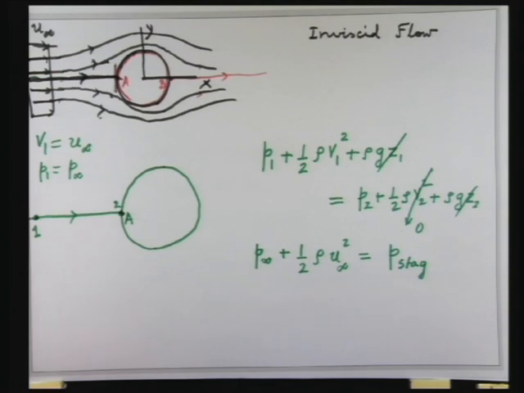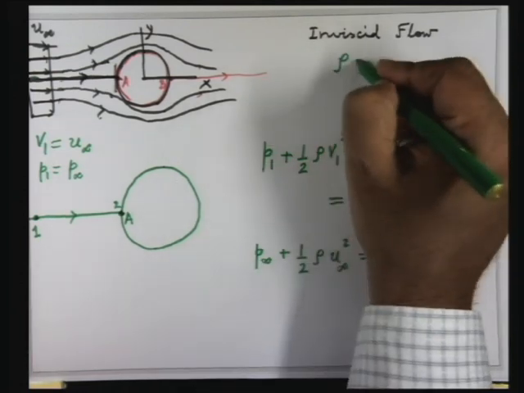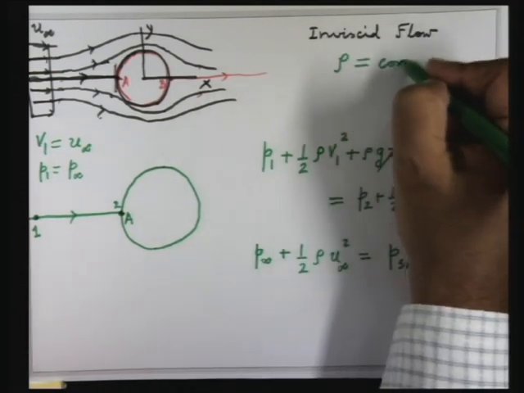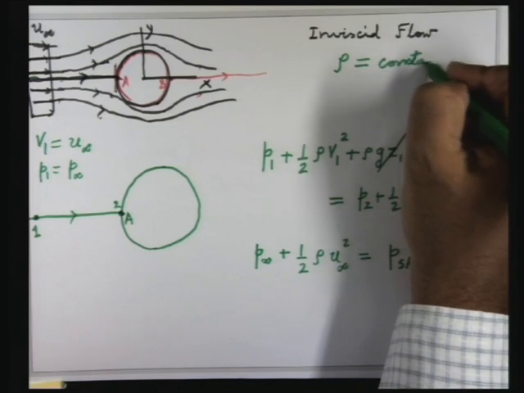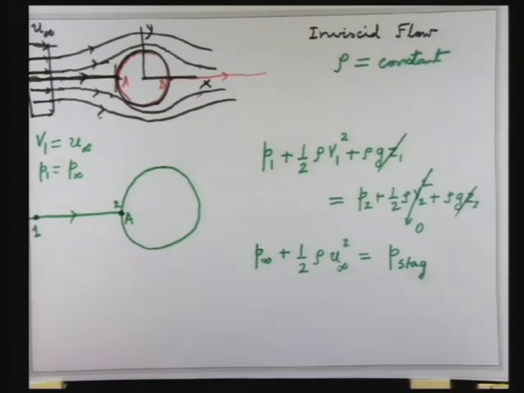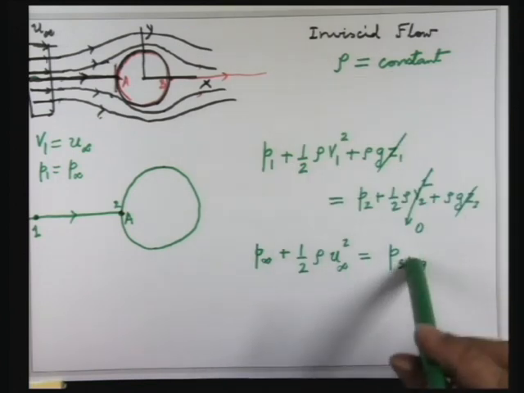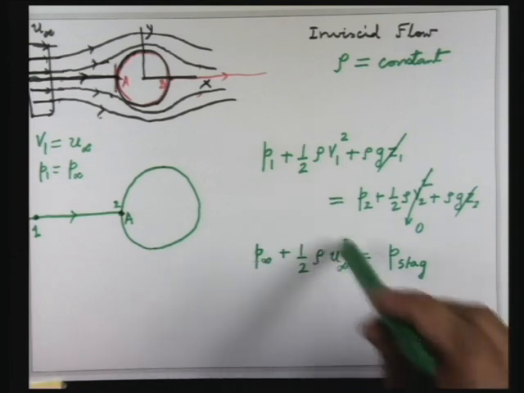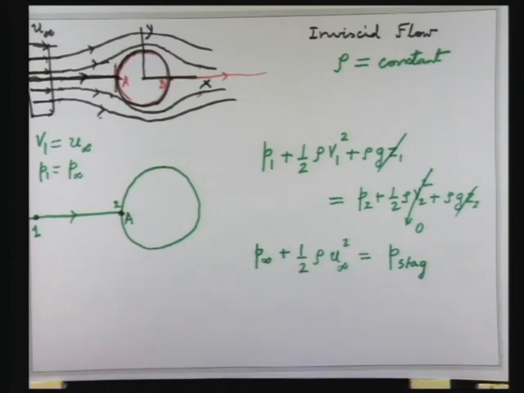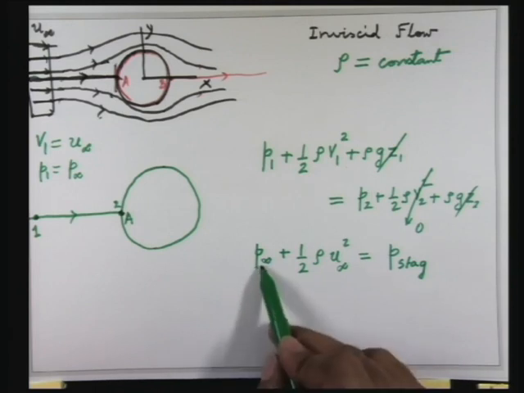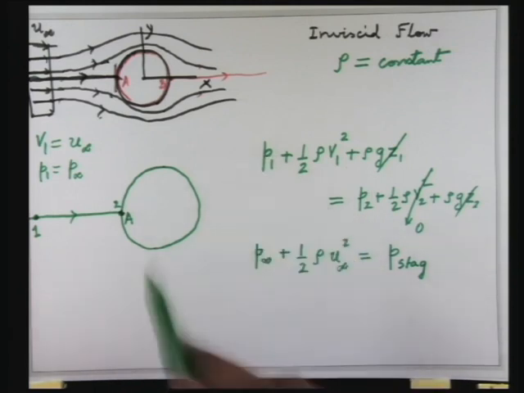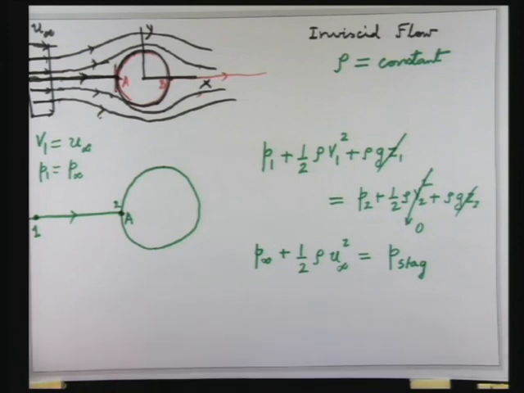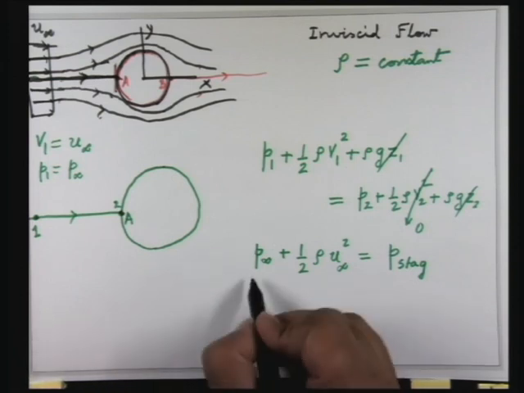Of course here we are assuming also that rho is constant. So for a constant density inviscid fluid, the stagnation pressure here is the sum of this and this kinetic energy. Now to distinguish this pressure, which we are writing as small p, some authors call it static pressure.